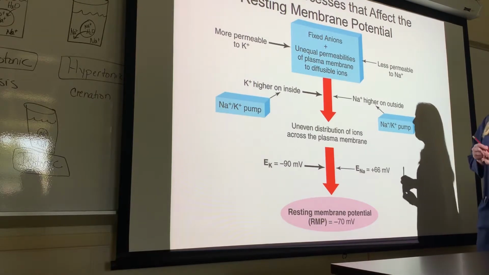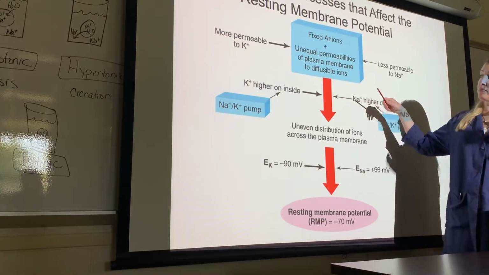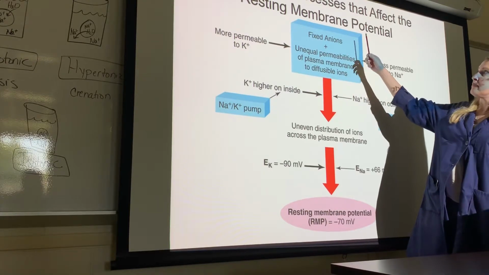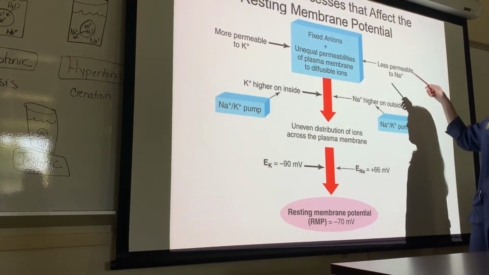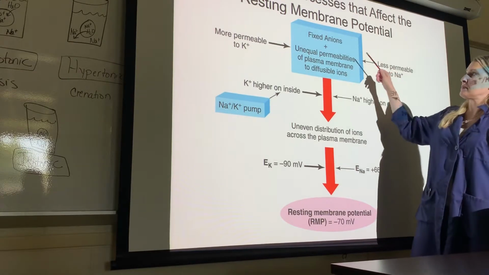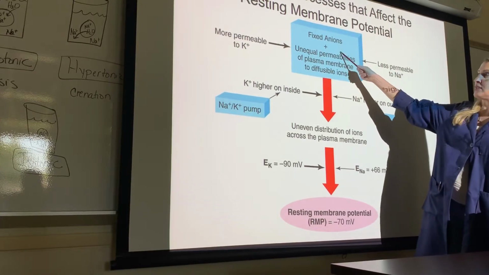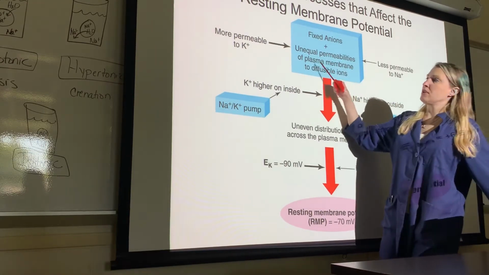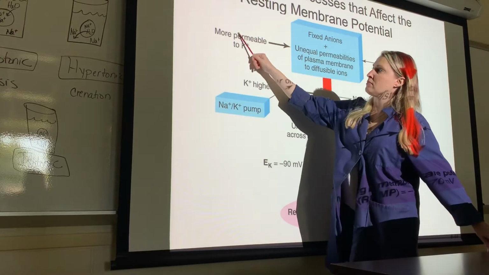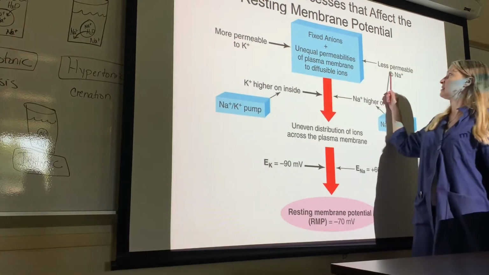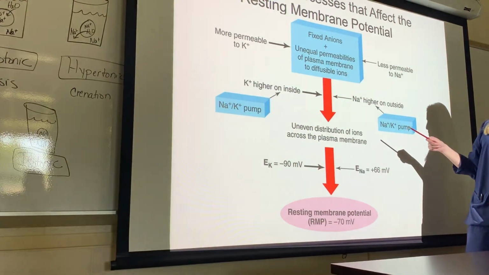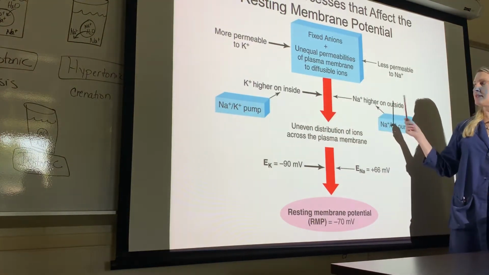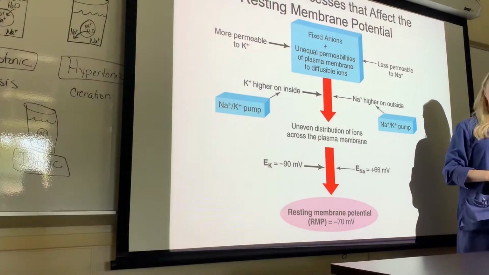This diagram at the very end shows us the three variables that I was talking about on the board, the processes that help to establish the resting membrane potential: the negatively charged proteins, the fixed anions; the unequal permeability of potassium and sodium, the membrane's more permeable to potassium and less permeable to sodium; and the sodium-potassium pump establishing higher potassium inside and higher sodium outside the cell.